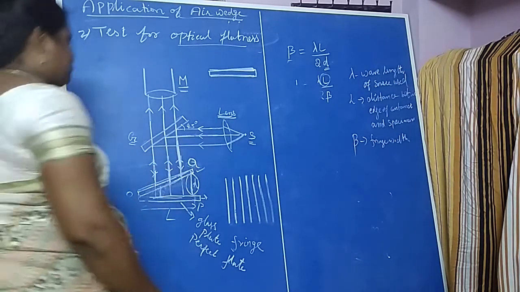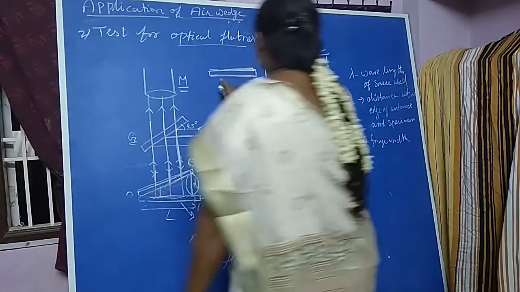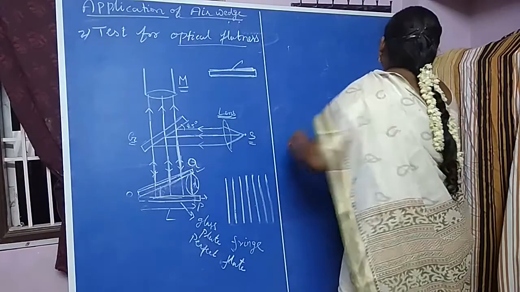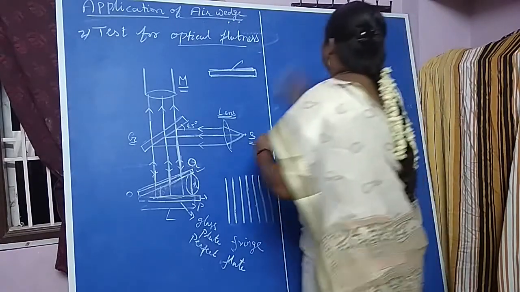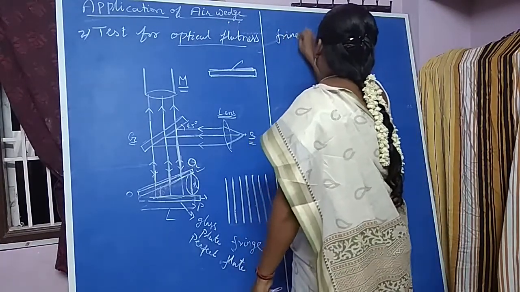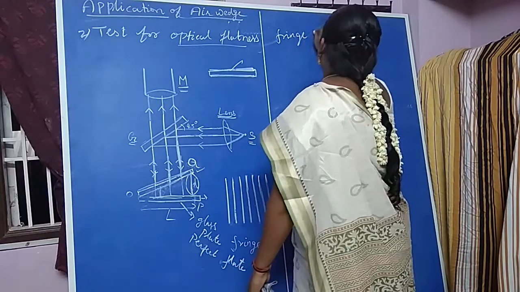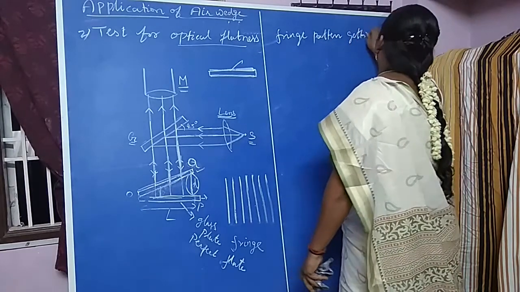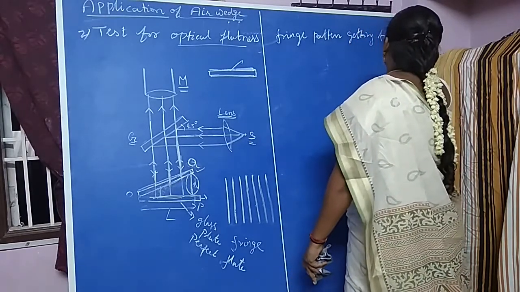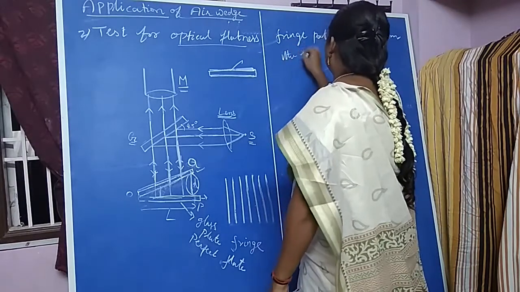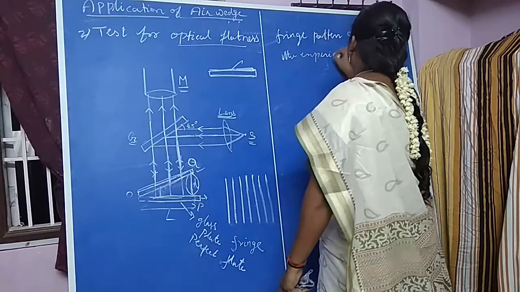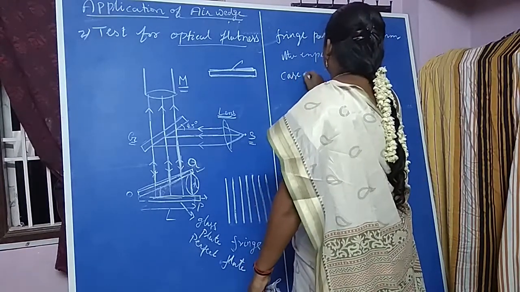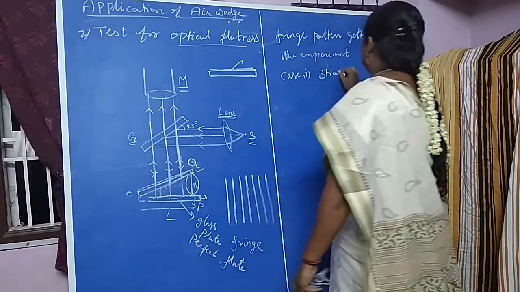Using the interference pattern, we will find out the flatness of the surface of the glass plate. The fringe pattern we get from the experiment we will consider as case 1, that is, a straight fringe.